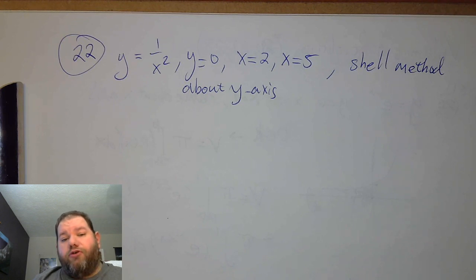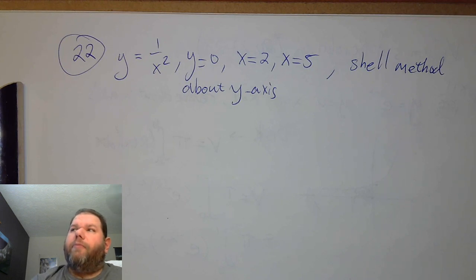The disk and washer method we can use for a horizontal axis and use our x's. And our shell method, if we have a vertical axis, we can use our x's there. Now, that's not 100% foolproof as far as an approach, but at least for this test it should work as far as the questions that I'll be asking you.